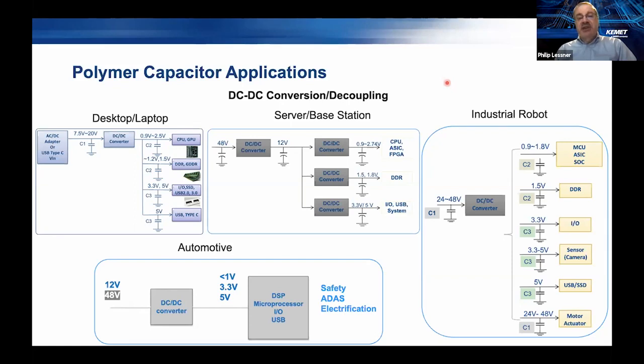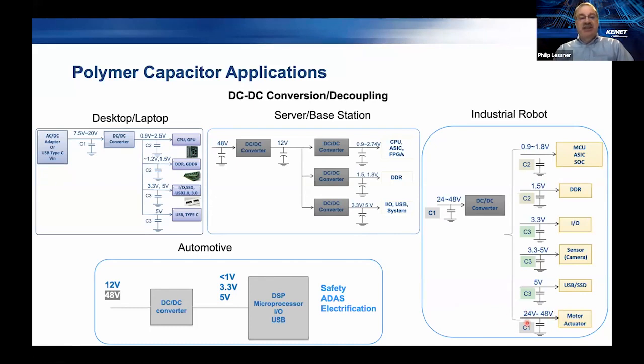So we'll take a look at some of the series that we specifically have developed for these applications, which have better lifetime and harsh environment resistance, and also have ratings that reflect some of the higher voltages of the applications, not only on the input, but also for industrial, for some motor applications and other applications on the output of the DC-DC converters.